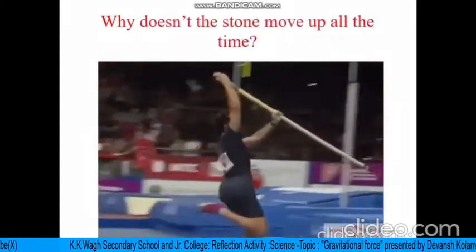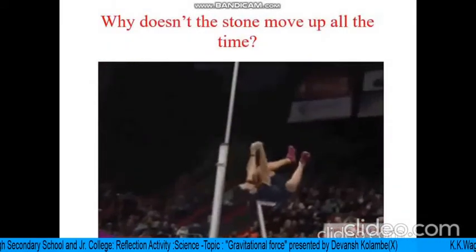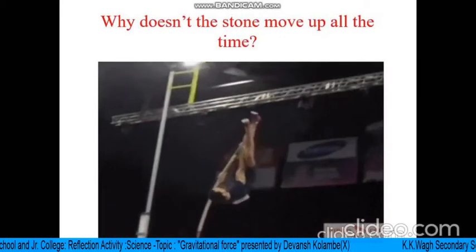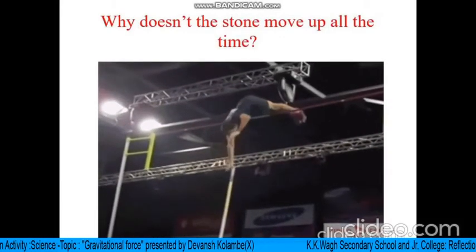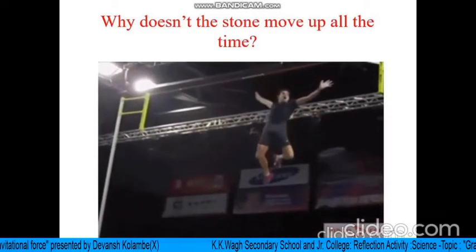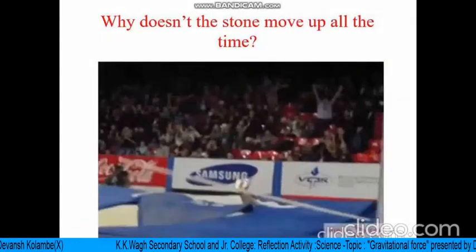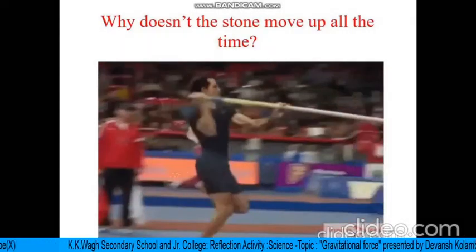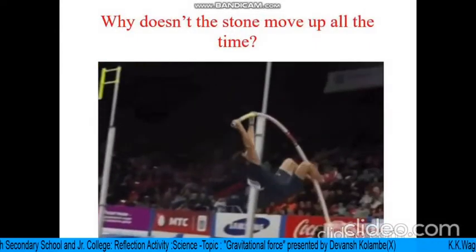The next question is, why doesn't the stone move up all the time? Here we have to compare the stone with the player. You can see the game of pole vault. Here the player uses the pole to push himself upwards from the barrier. As the player takes the help of the pole, he is exerting force in the upward direction.